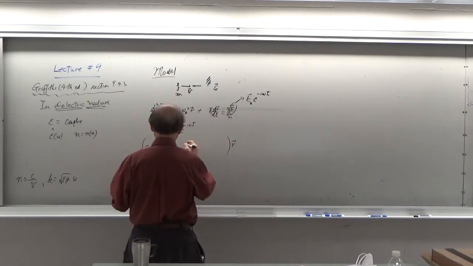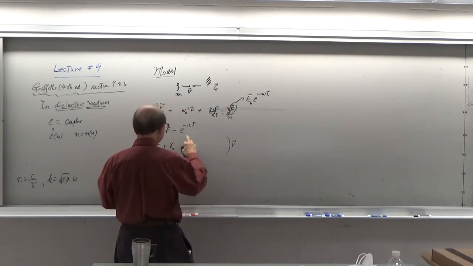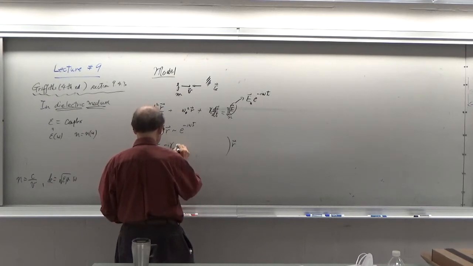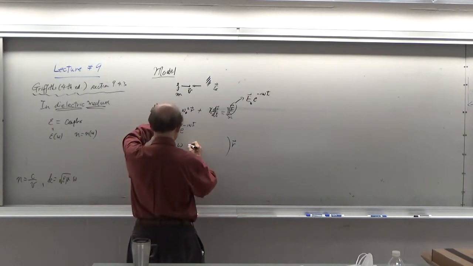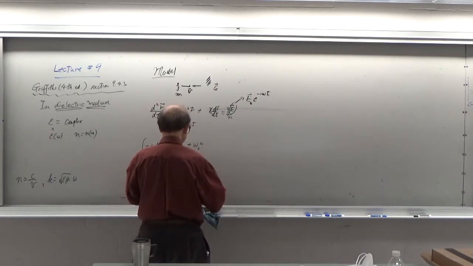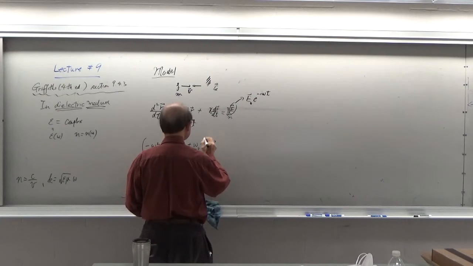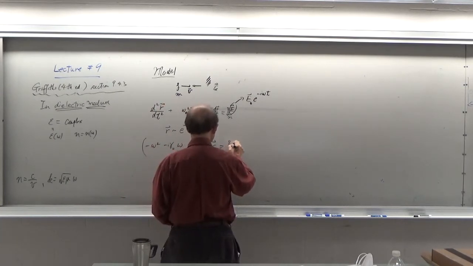All right, so call this gamma naught for the time being, and this is multiplied by minus i omega. And then this, of course, is just as it was, plus omega naught squared. And this is r, and it's given by q over m times the E of t.